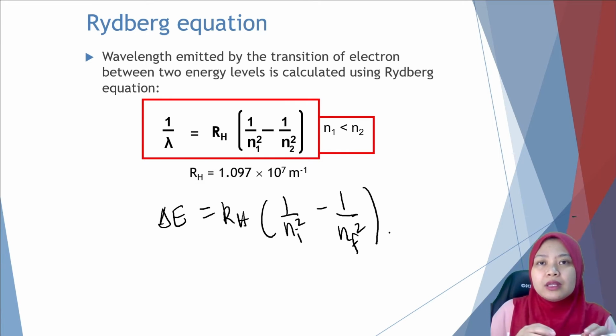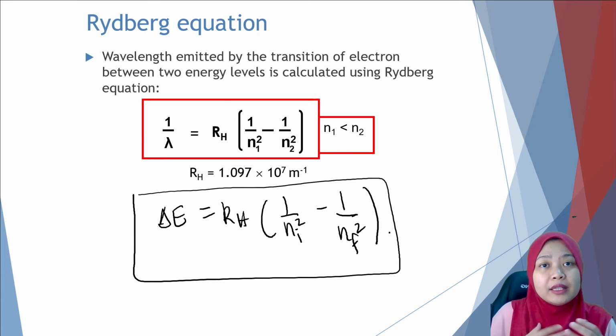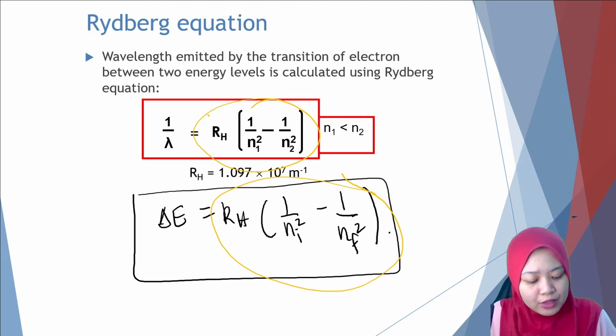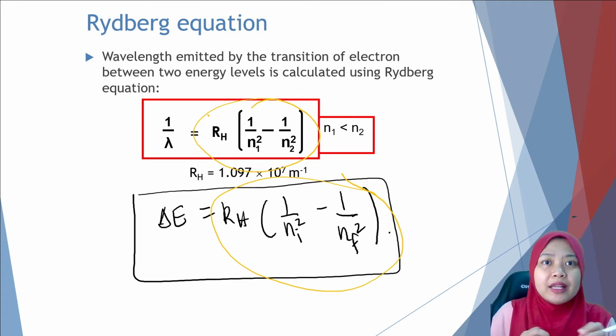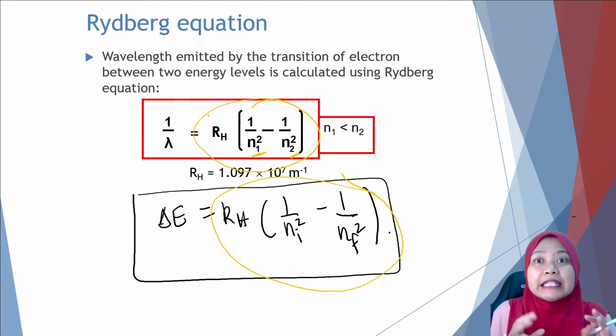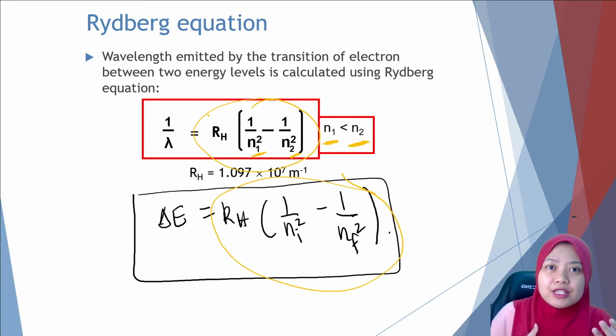So the formula at the bottom is for you to calculate the delta E. For the Rydberg equation, it is similar, there is RH and also a bracket here. Only in the bracket, instead of using n initial and n final, we use n1 and n2. Also, there is a condition. The condition means the value of n1 must be smaller than n2. That's the condition if you want to substitute the value of n1 and n2.